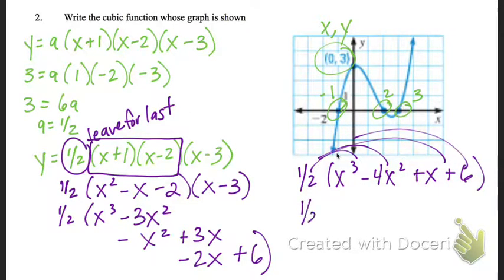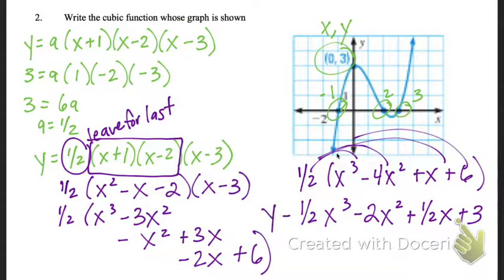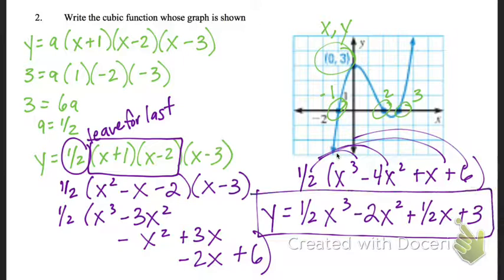Lastly, minus 2x squared. So this would be my final answer in standard. So I could say leave it in factored, or I could ask you to do it in standard form.